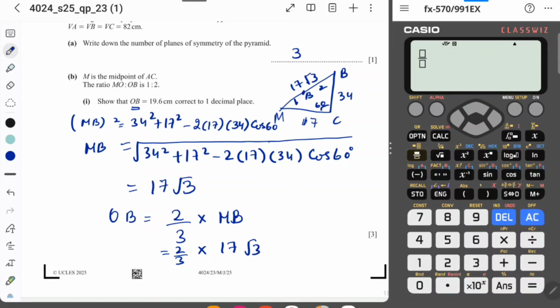So 2 out of 3 of 17 square root 3 equals 19.6 centimeters, corrected to 1 decimal place.